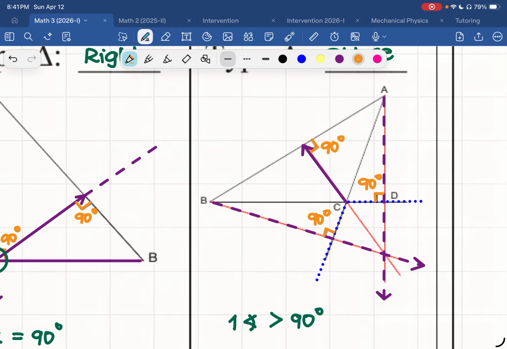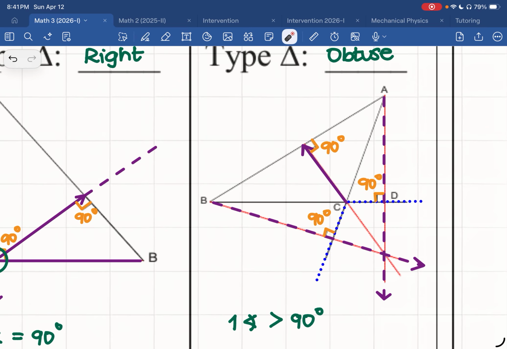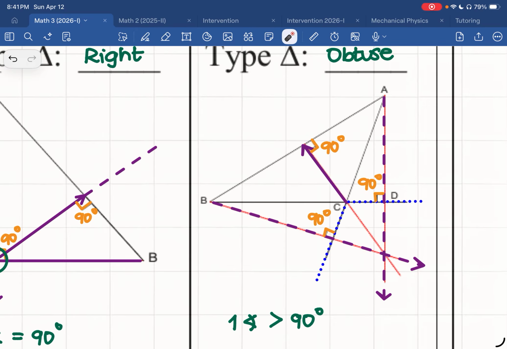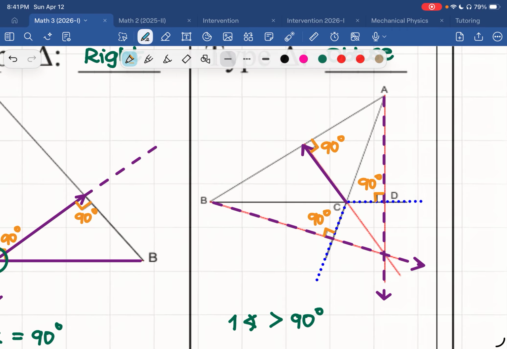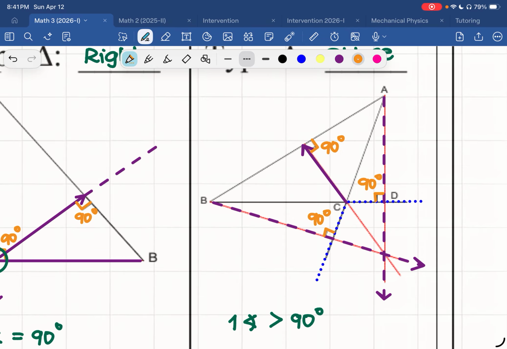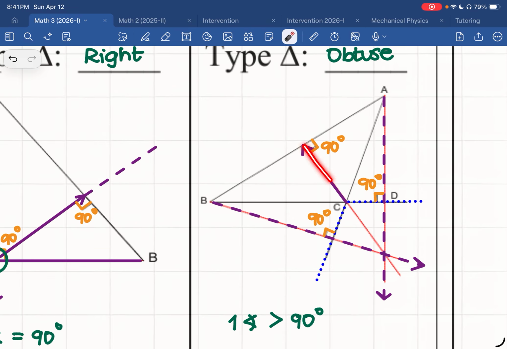Right? So you could say, okay, but these two are cutting each other. But what about this one? This one is not cutting the other two, right? Well, as I told you, you can extend a line if you need to, right? So in this case, what I'm gonna do is I'm just gonna extend this line. So instead of having it like this, I'm just gonna extend it over here, right?